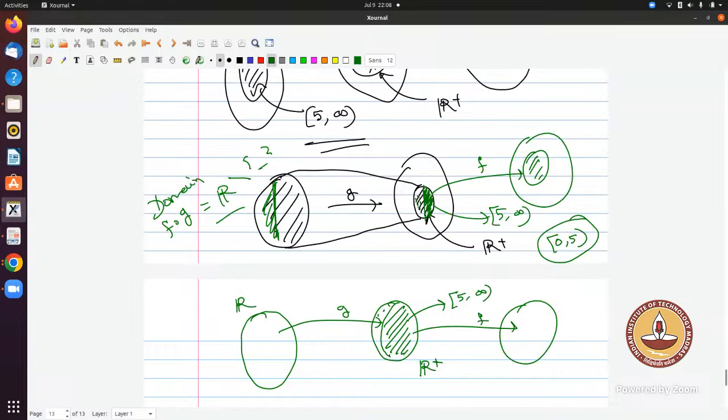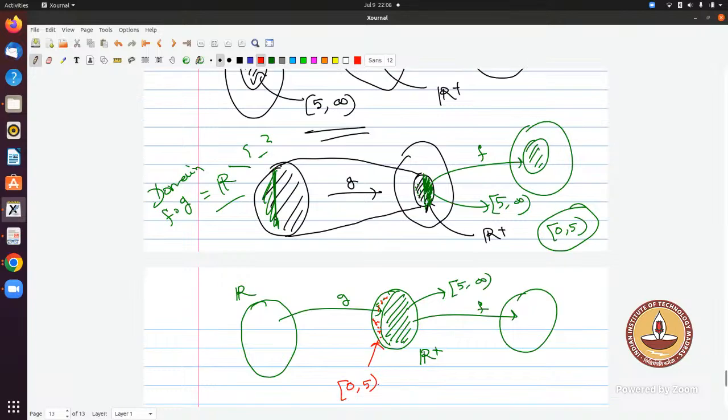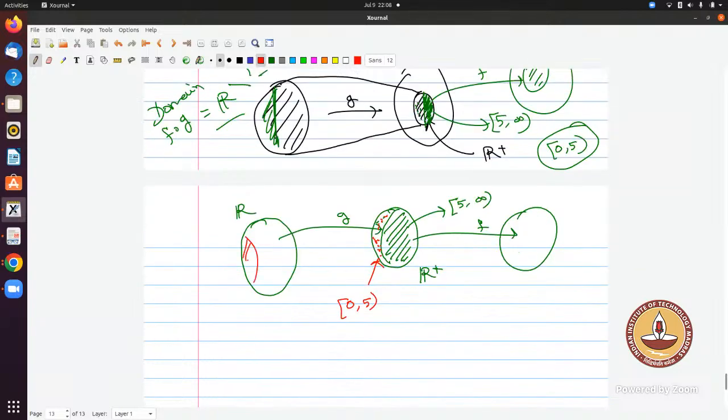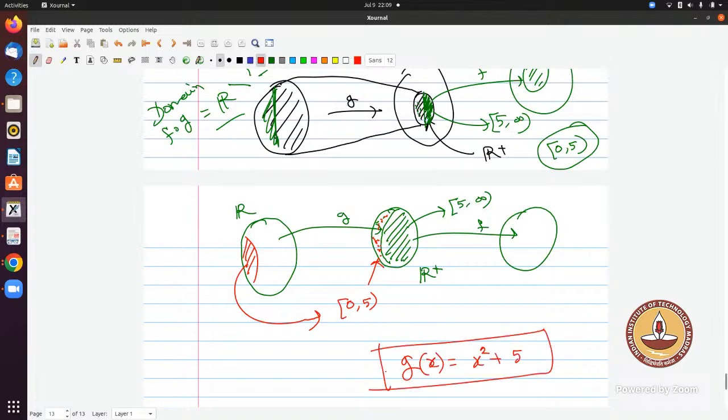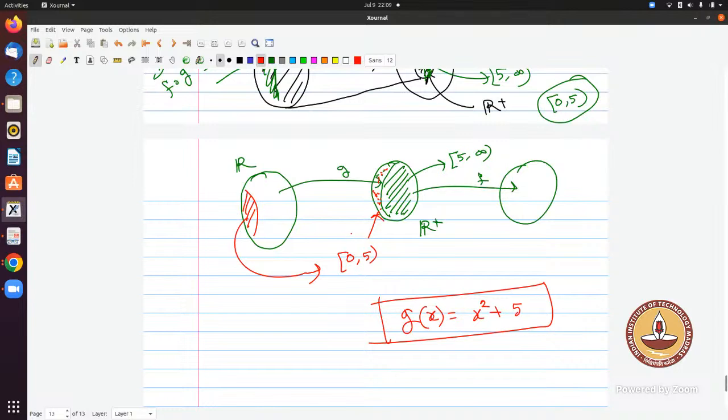So I cannot include this portion, 0 to 5. So for those inputs of G for which I am getting 0 to 5 as output, I should eliminate them. G was x square plus 5, so I should eliminate all those inputs which will give me 0 to 5 as my output.